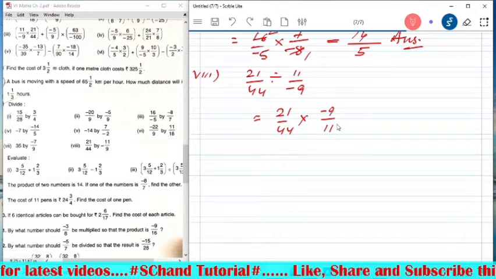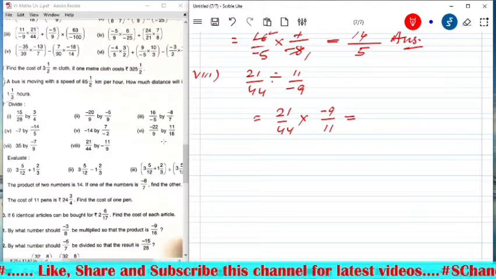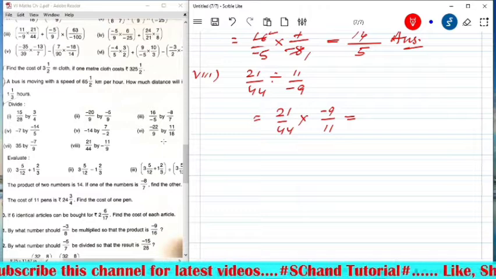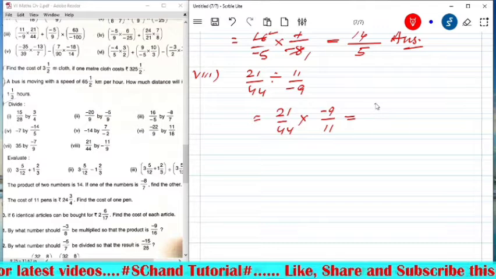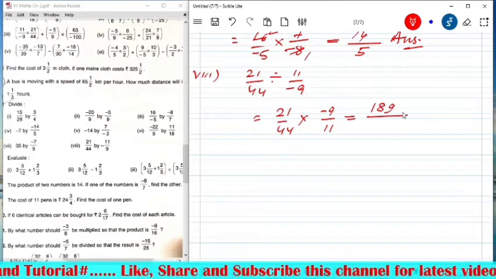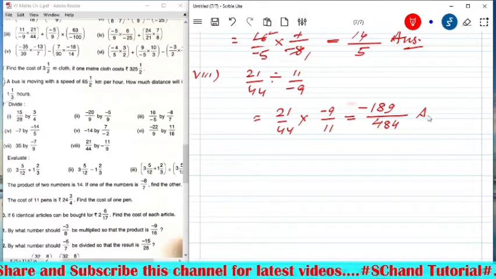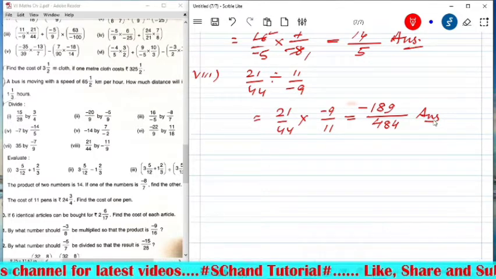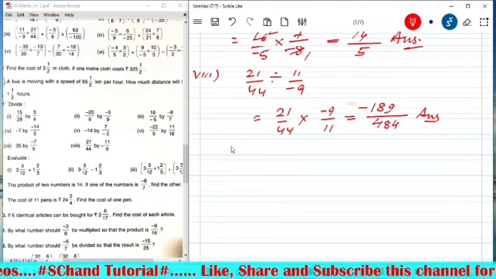No. So it is 9 into 21, this is 189, and 44 into 11, so that is 484. Simply this we have to multiply, and this will be the answer. Still, if you have any doubt in any question, you can ask, and the rest of the questions you can solve. Thank you.